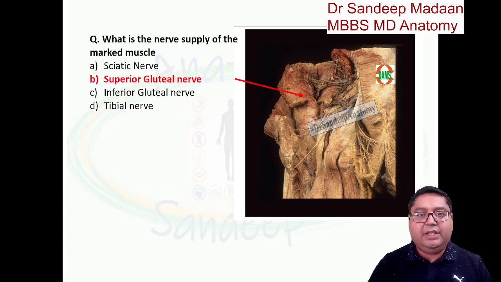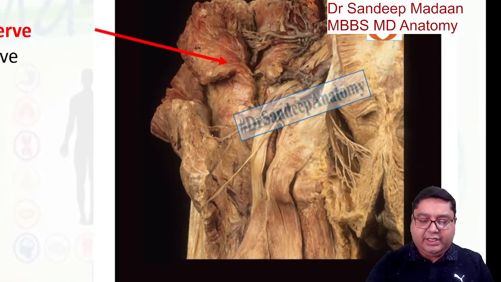The answer is B, superior gluteal nerve. Why? Because this marked muscle is gluteus medius. How? Let me explain. Let me zoom in and show you.